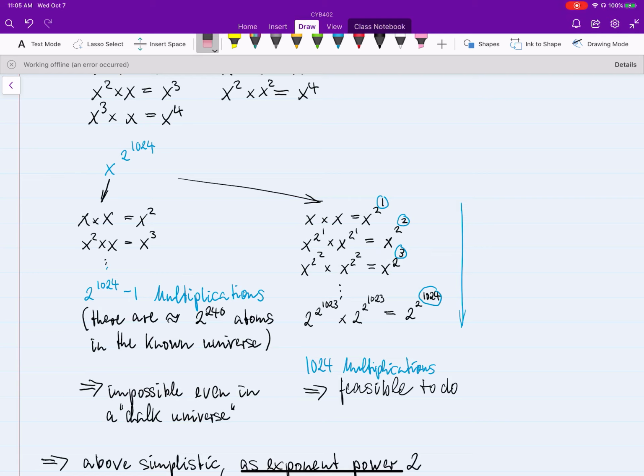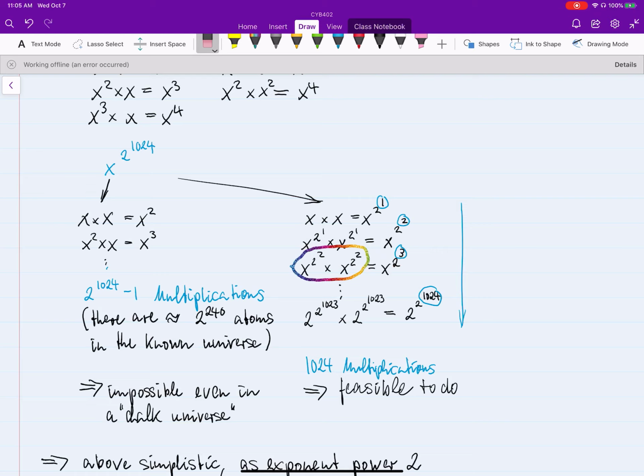So if we go on like that, and again, we multiply x to the 4 times x to the 4, which is actually, as we know, x to the 2 times x to the 2 to the 2. This is x to the 3. So what actually happens is that the exponent of the base 2 here is increased by 1.